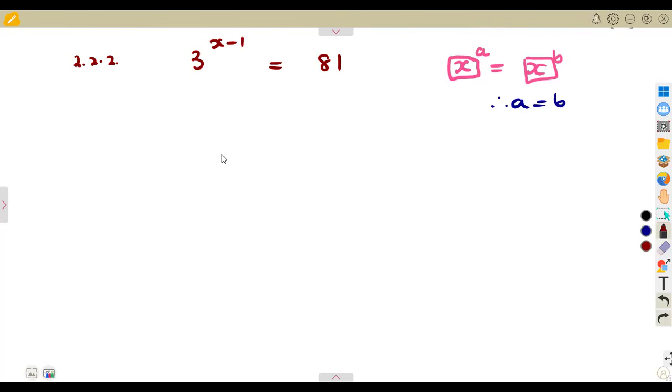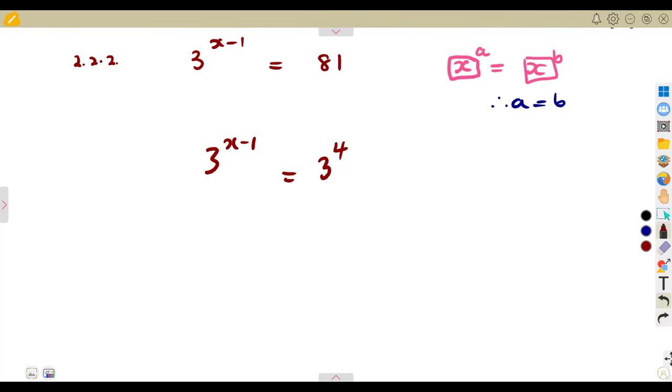So the number that I'm supposed to think of is this 81. How can I write this 81 in terms of 3, which is already in simplest form? In the base of 3, 81 is the same as 3 to the exponent of 4. So let's say I do not know this.